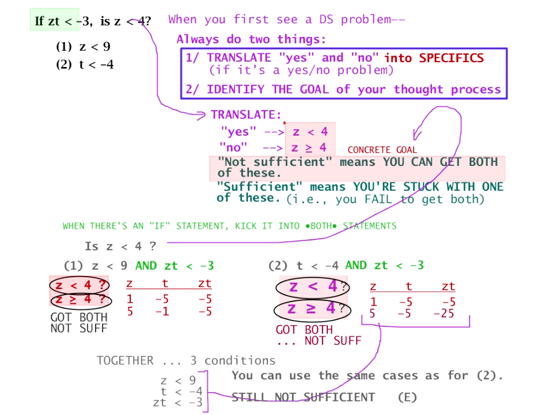Let's move on if possible. We don't have to test new cases because you can test these cases again. Same cases as we used in statement 2. They still work because they still satisfy everything. So the same work, this exact same table of cases also counts for together.